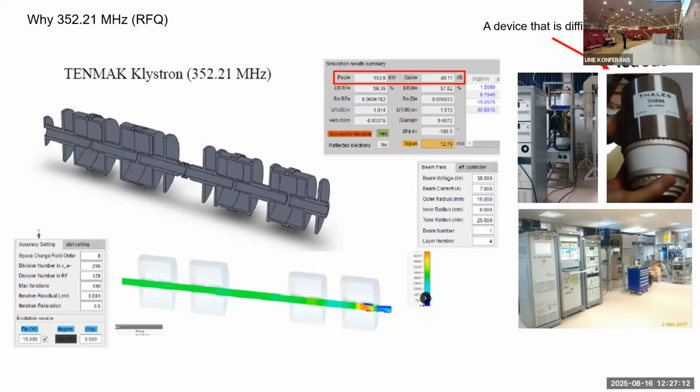This was all done in Turkey, in Ankara, from local sources, by one of my friends. Everything is Turkish. And this is the current, 250 amps, to feed the tube. And here is the accelerator. Yeah, it's the thermocollator.